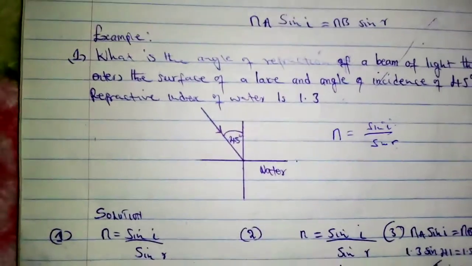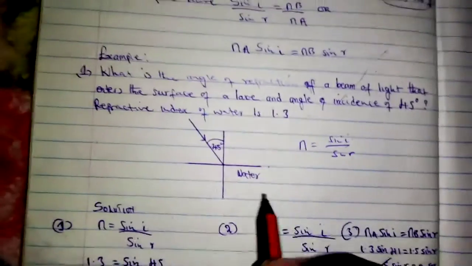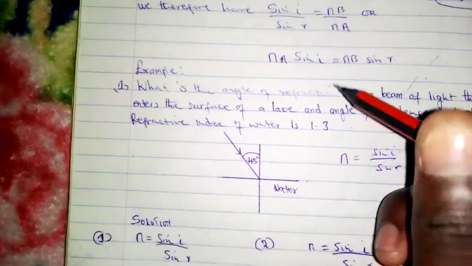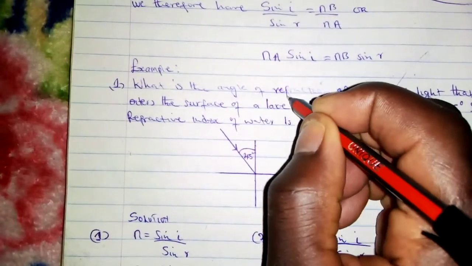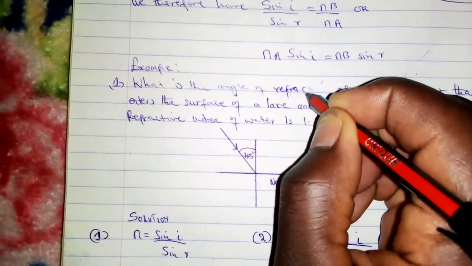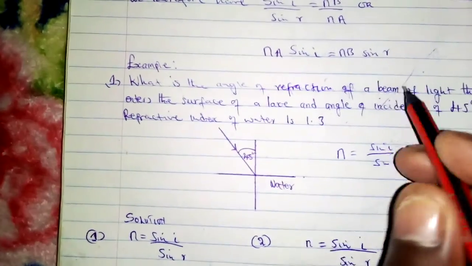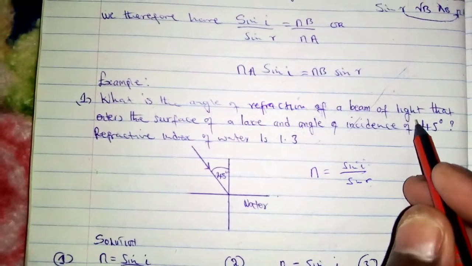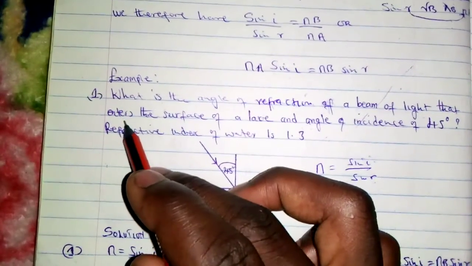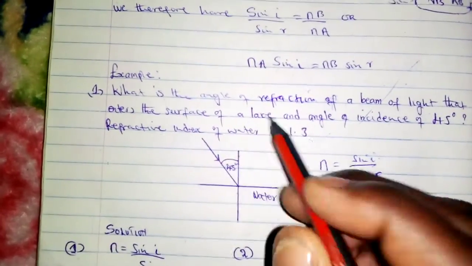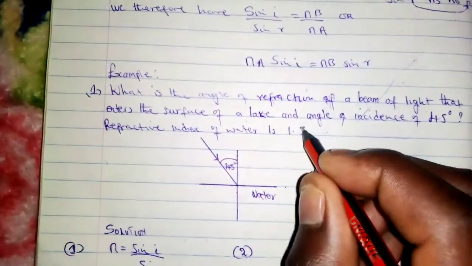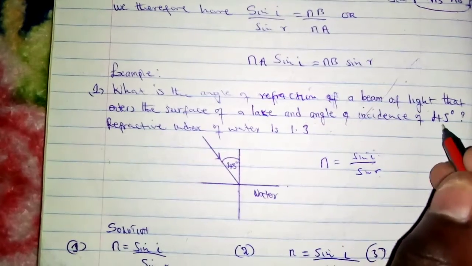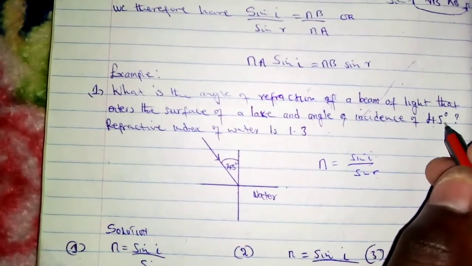So let's look at one example here. What is the angle of refraction of a beam of light that enters the surface of a lake at an angle of incidence of 45 degrees?